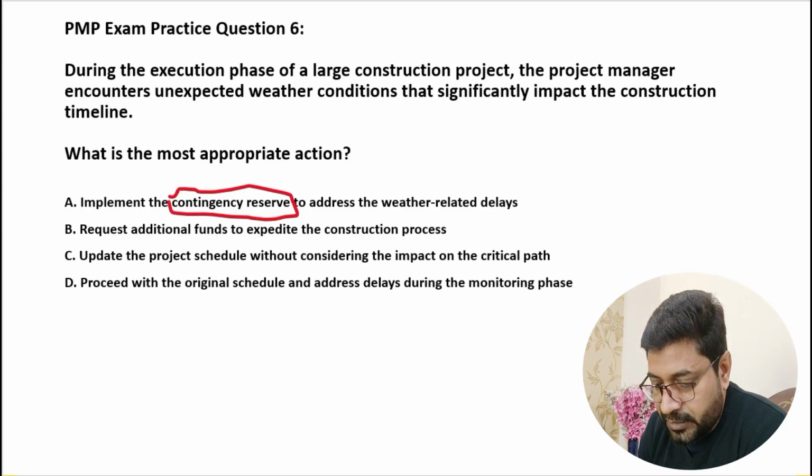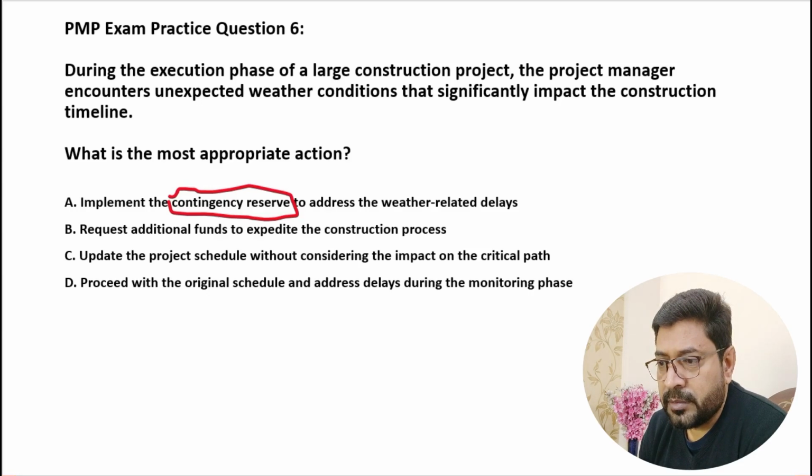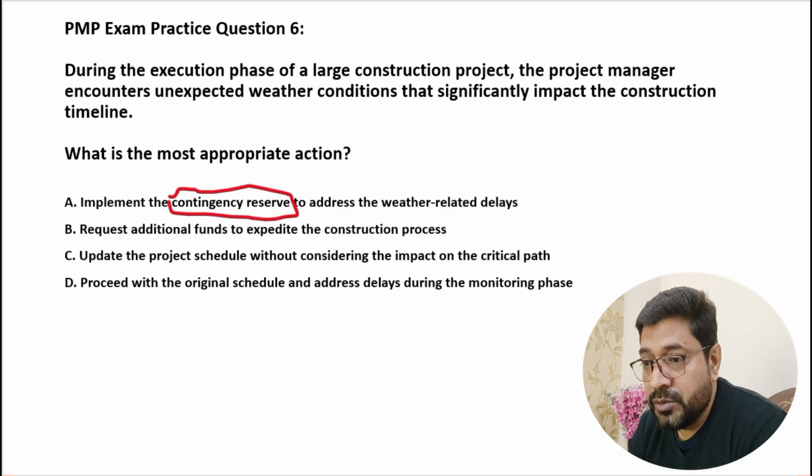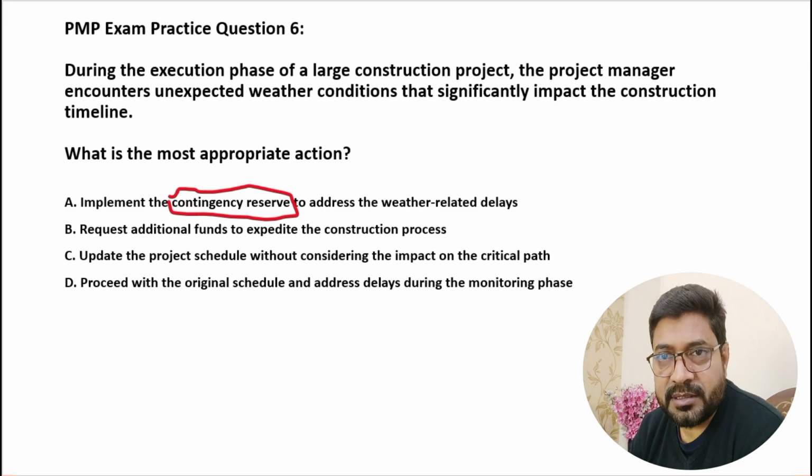So now during the risk management, any type of risk is identified in the beginning, in the planning of the project. So accordingly, we will also plan the risk responses. Okay, so maybe to mitigate the risk, or maybe to transfer the risk, or maybe to accept the risk.